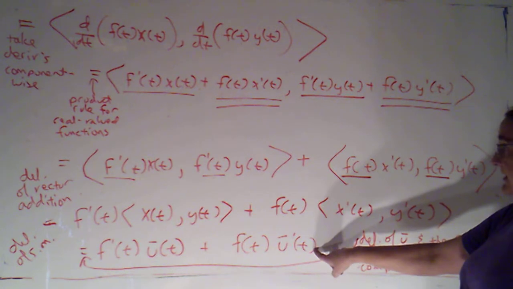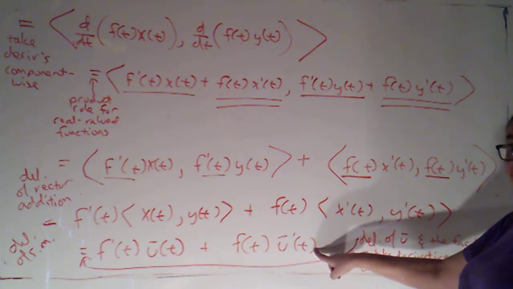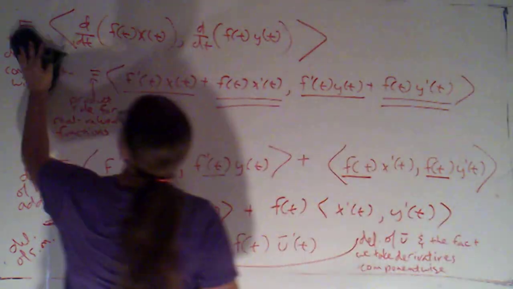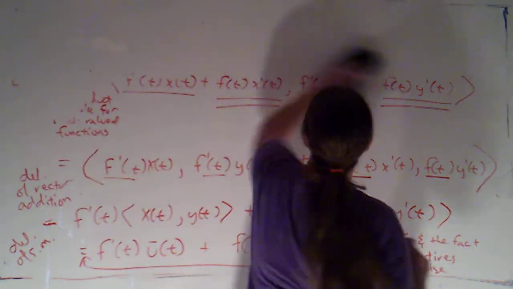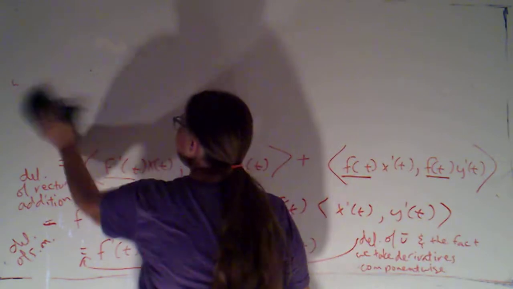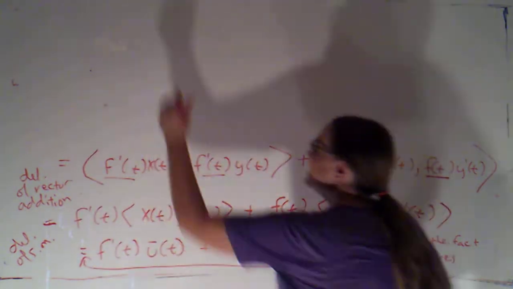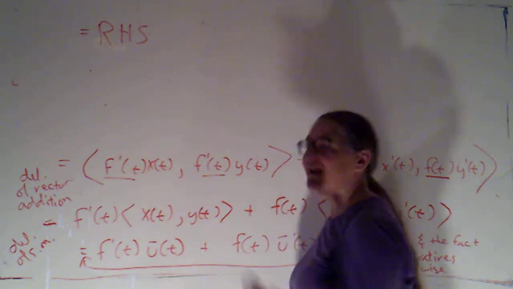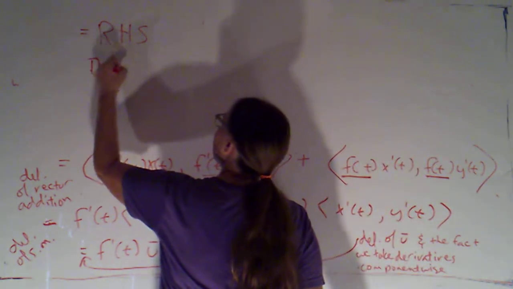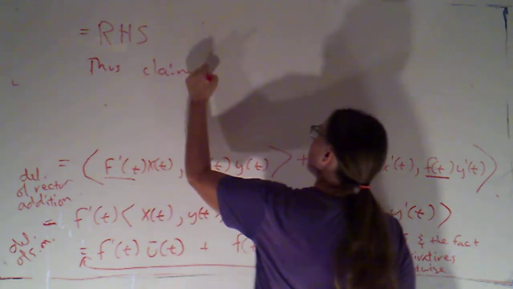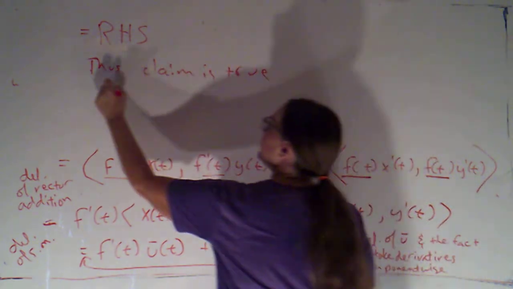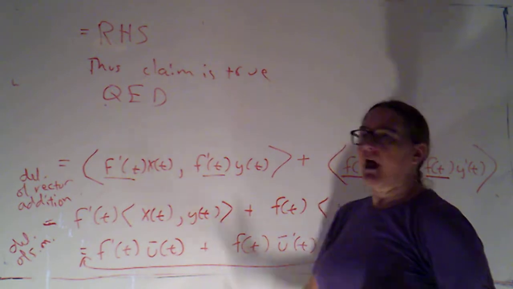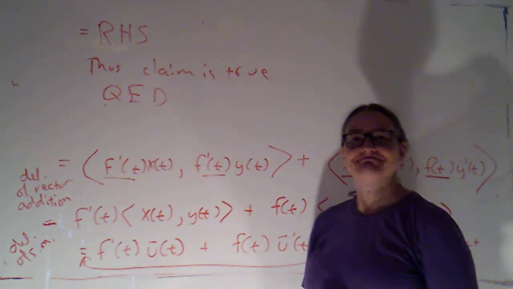But if I take a look at this, that's exactly the right-hand side. Oh my goodness, I've completely run out of space. That's exactly the right-hand side of my claim. So I would want to just acknowledge that's the right-hand side, and so thus the claim is true. Or if you prefer, you could write QED, which is a fancy way of saying thus the claim is true.